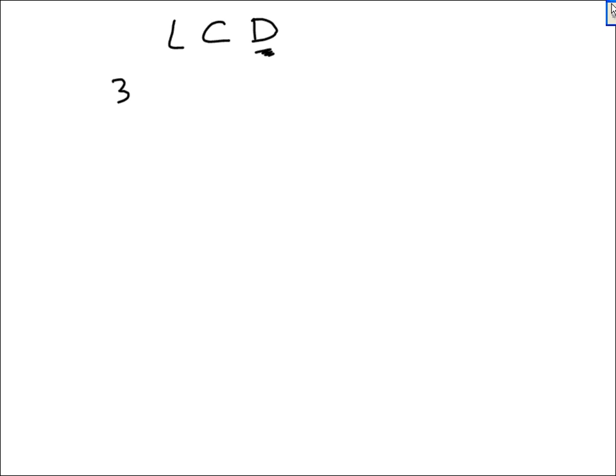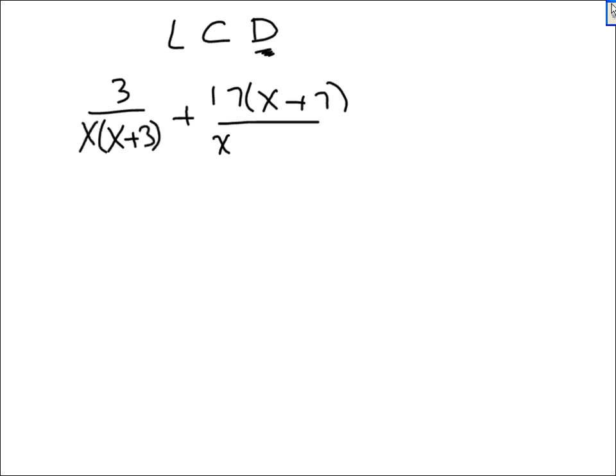So if you have 3 over x times x plus 3, plus 17 times x plus 7, divided by x times x squared plus 5x plus 6.